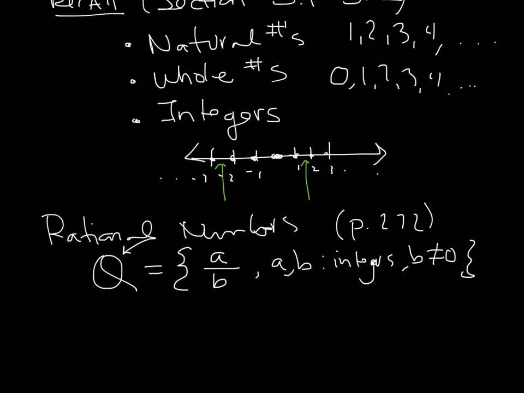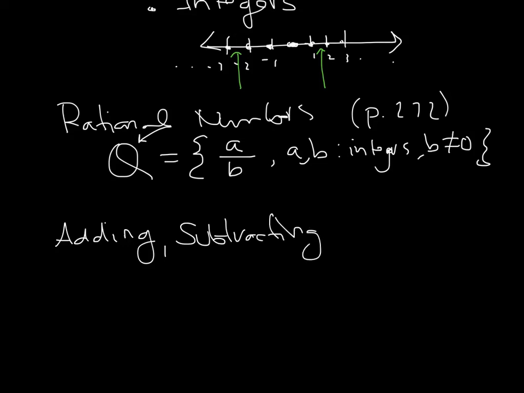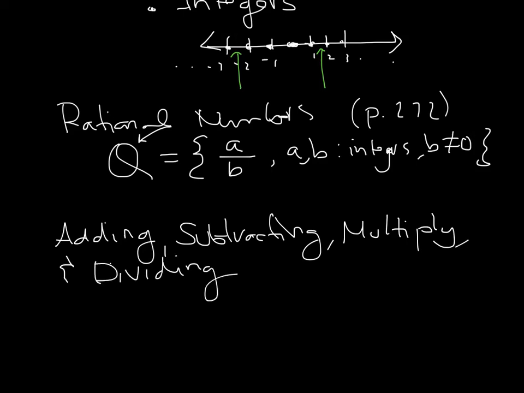And again, just the big picture here. In this section, you're going to be adding, subtracting, multiplying, and dividing rational numbers, or in other words, fractional numbers, or just fractions.